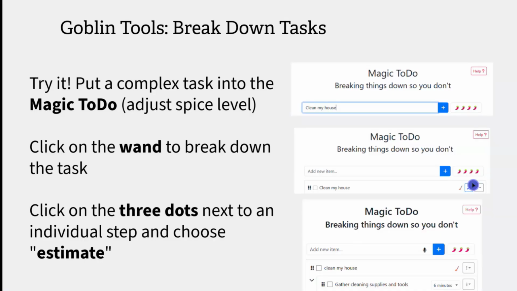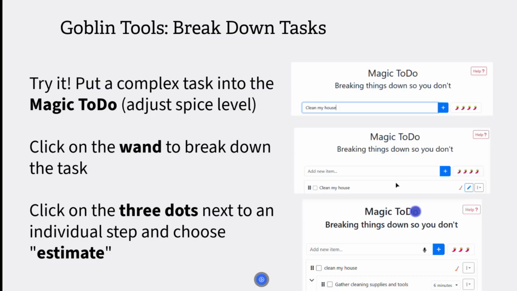After you've done that, click on the three dots next to the individual tasks, and you're going to click on Estimate. That's going to give you a time estimate for those individual tasks. So go ahead and try that out with any complex task you can think of.